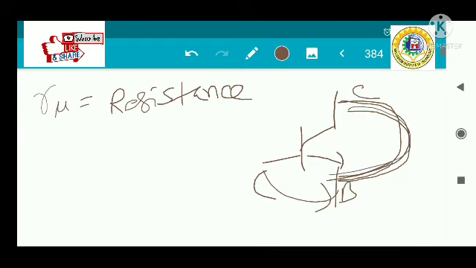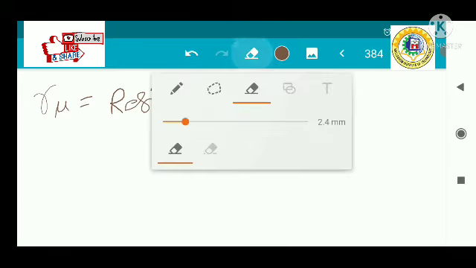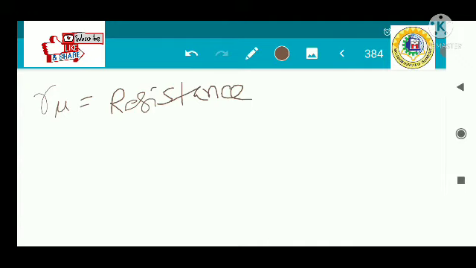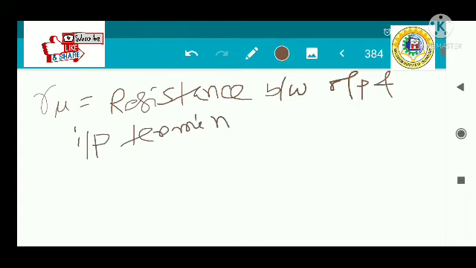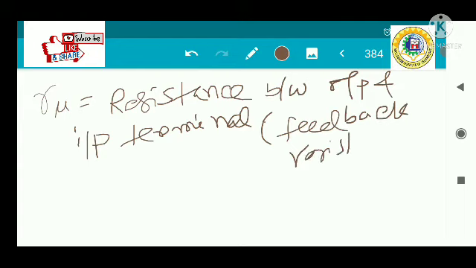So this is actually a feedback resistance: the resistance between output and input terminal. We can also call it a feedback resistance, and its value is quite high.